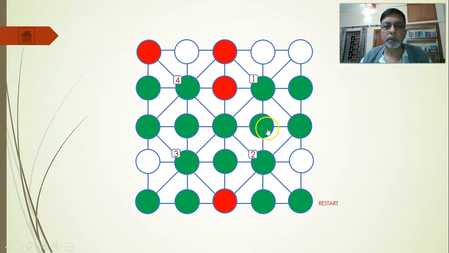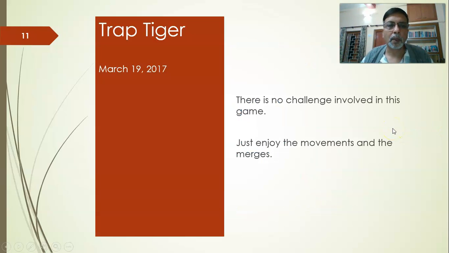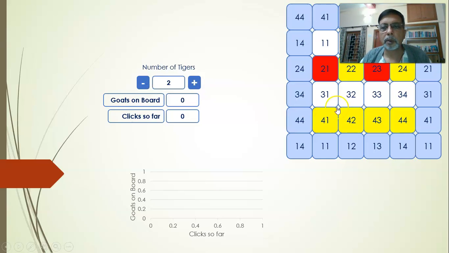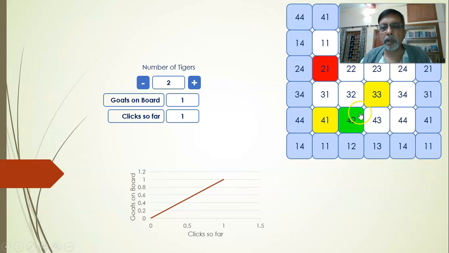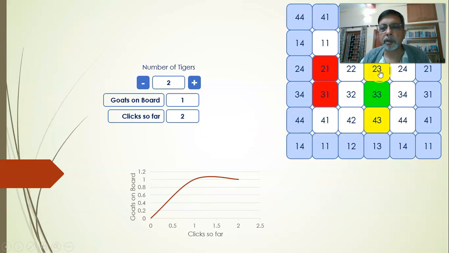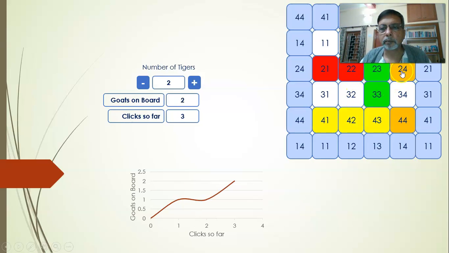I have to trap these tigers, but there is no move. It will take time. The trap tiger game is the English version, you can say, where you start with say 2 tigers, and then try to place goats so that the tiger gets trapped.